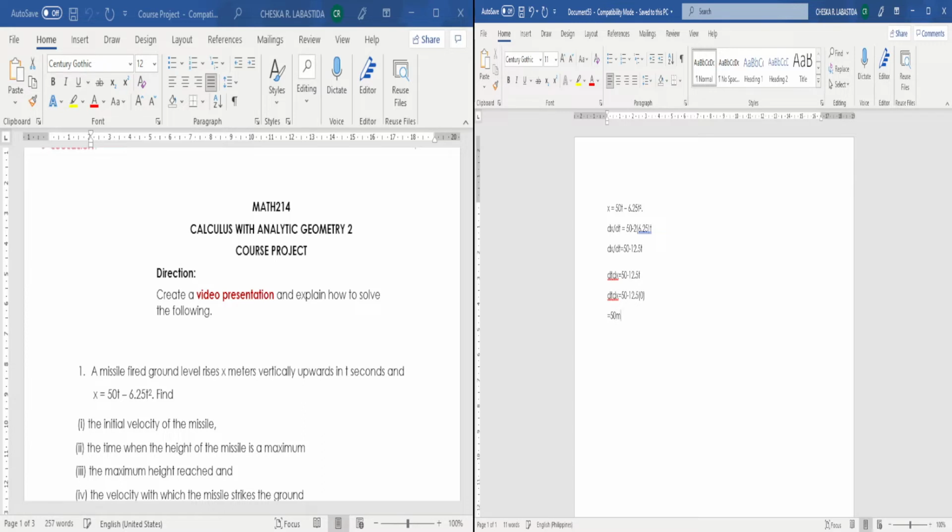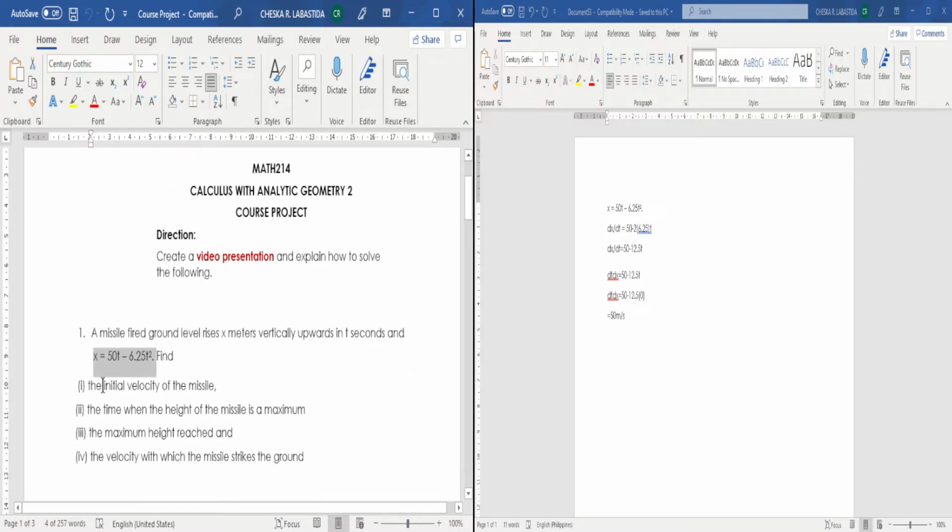Okay, so that's how we get the initial velocity of the missile.